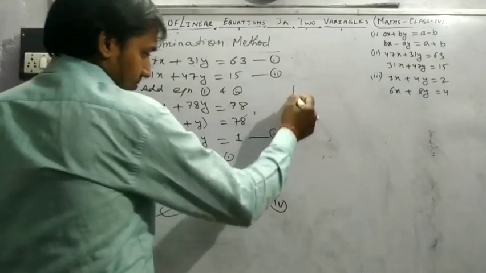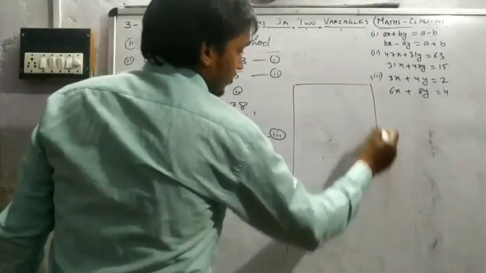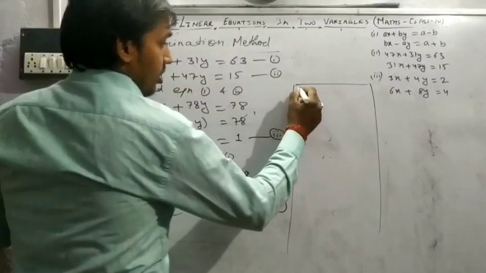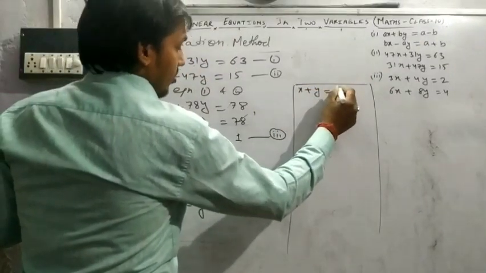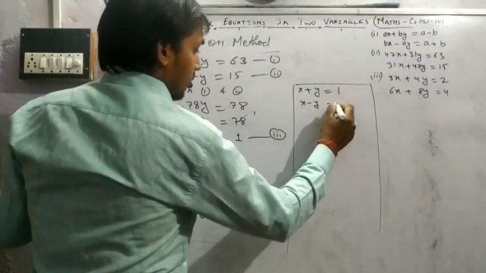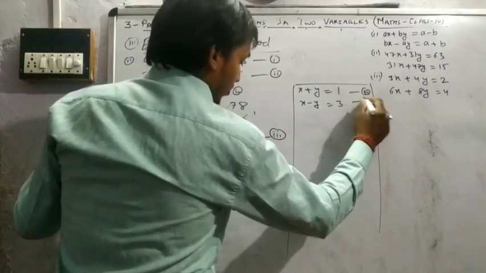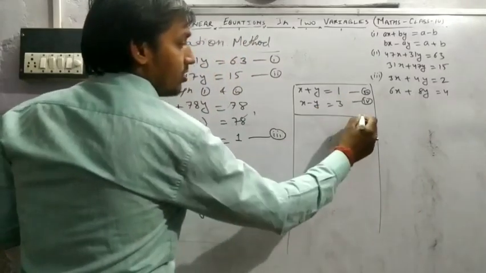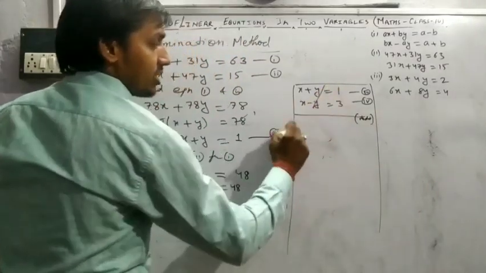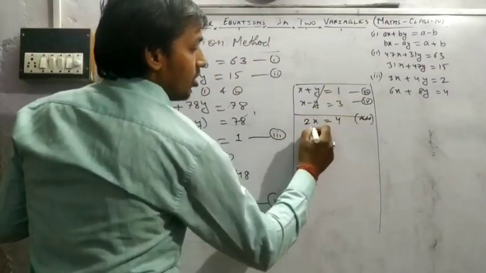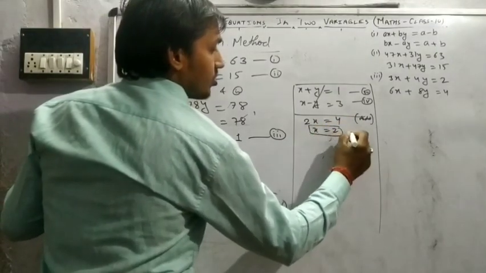Let's see. Write down one by one. x plus y is equal to 1, that is the third equation. x minus y is equal to 3, that is the fourth equation. Then directly add, y cancels. 2x is equal to 4, x is equal to 2.